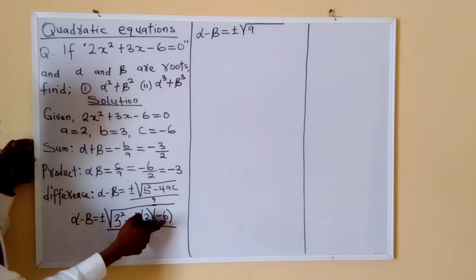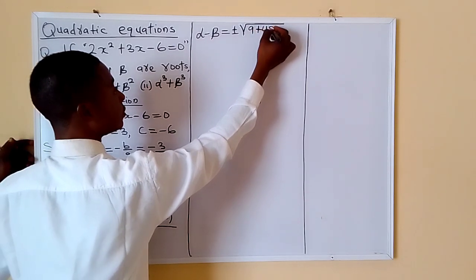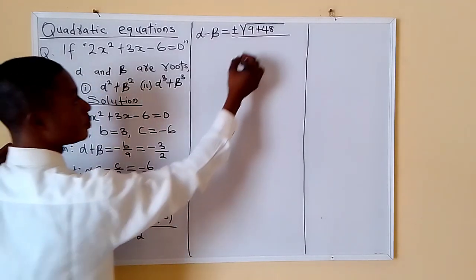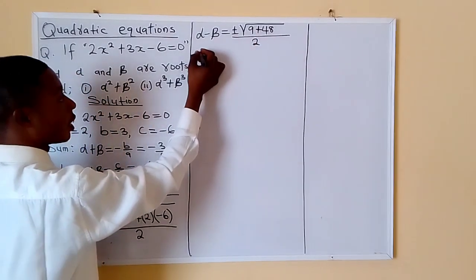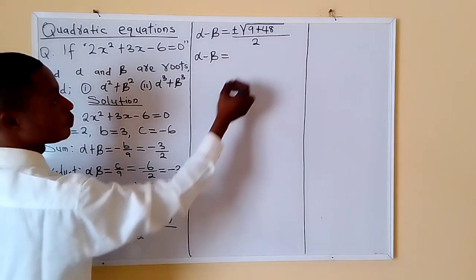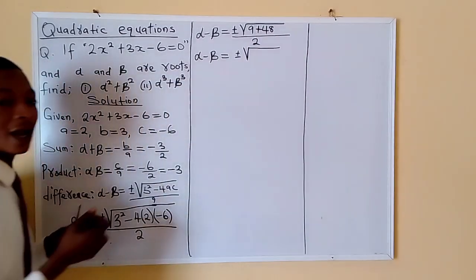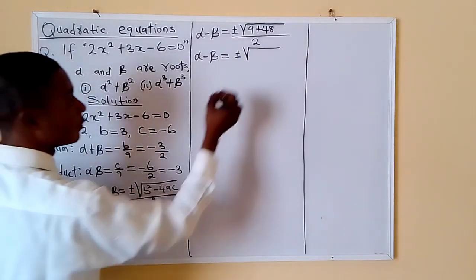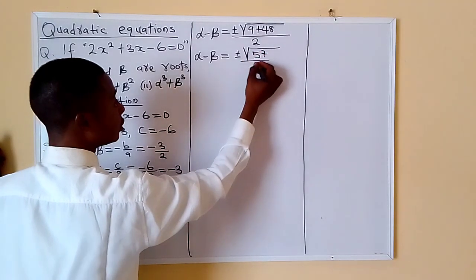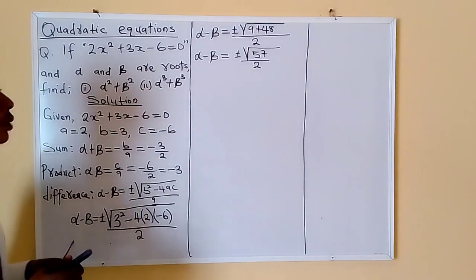Minus 8 times minus 6 is plus 48, divided by a, which is 2. So alpha minus beta will be equal to plus or minus the square root of, if you add 9 and 48, you have 57, divided by 2. 57 is not a perfect square and you cannot rationalize it, so you leave it this way.